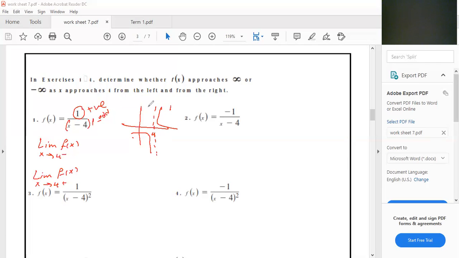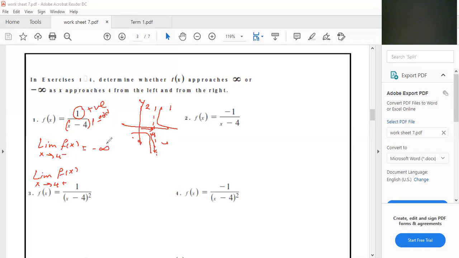That is first quadrant, second quadrant, third quadrant, fourth quadrant, with respect to the vertical asymptote, not with respect to the y-axis. As we approach 4 from the left, f of x goes to negative infinity.